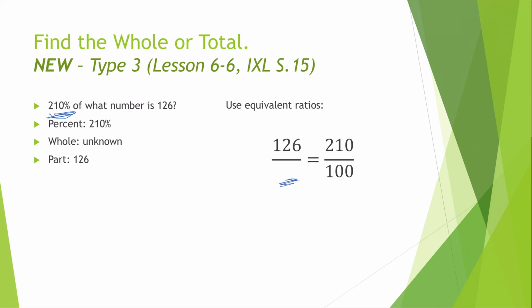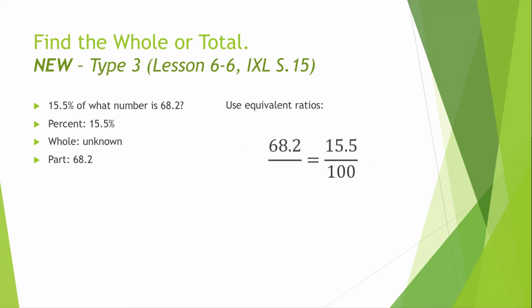If I do 210 divided by 126, going this way is going to be a repeating decimal, so we're not going to use that. But I could see how to get from 210 down to 100. That's a nice terminating decimal. That I can work with. If I divide 210 by 2.1, that gives me 100. So I can divide 126 also by 2.1, and that gives me 60. So my answer for this one is 60. 210% of 60 is 126.